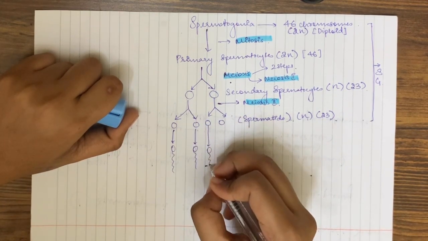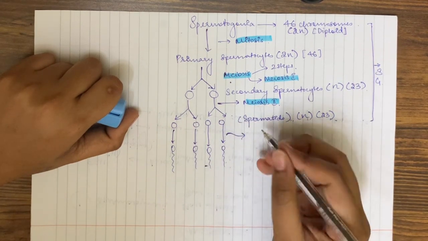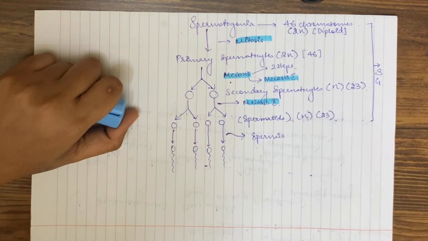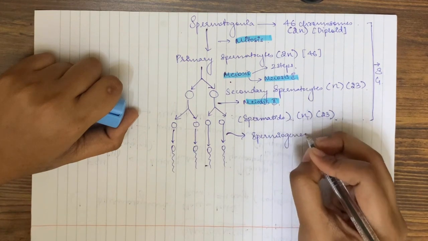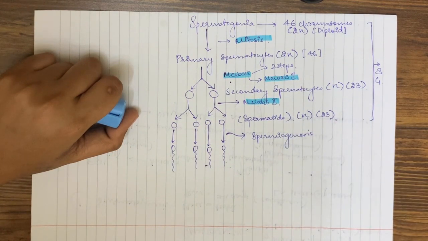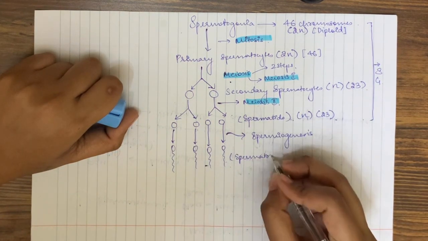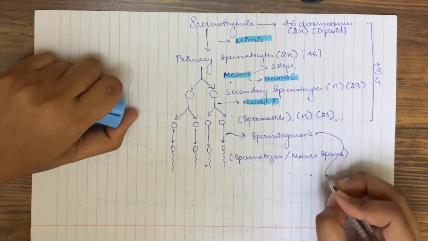Spermiogenesis takes place with the help of factors released by the Sertoli cells, which are acted upon by FSH or follicle stimulating hormone. This basically ensures that the baby sperms, as I would like to refer to them, become mature sperms. This spermiogenesis initially starts in the seminiferous tubules, but it ends in the epididymis.